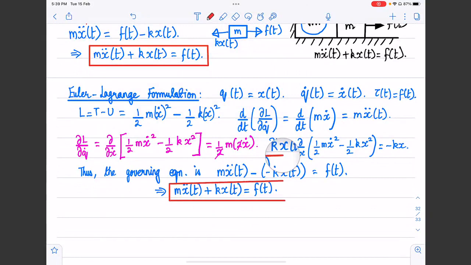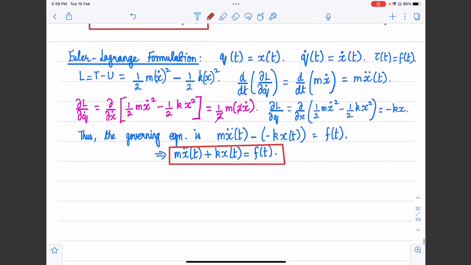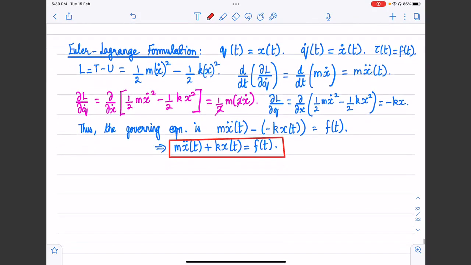I hope this derivation is clear to everyone, how we are able to apply the Euler-Lagrange formulation. Obviously, we should get the same answer, otherwise we are not doing something correct. Any questions before we go to Lagrange's equation with dissipation?